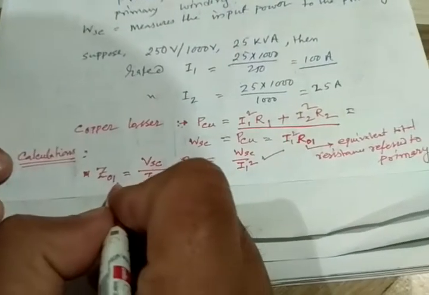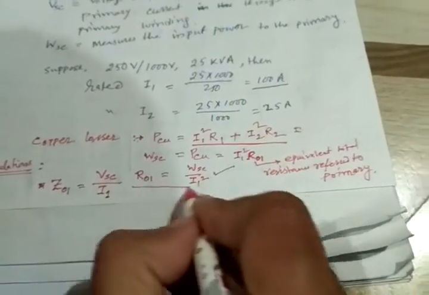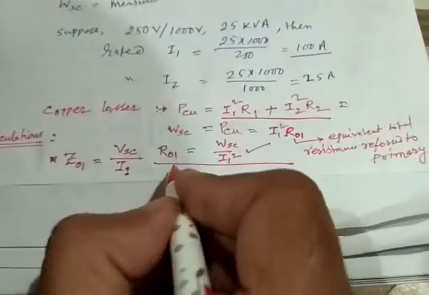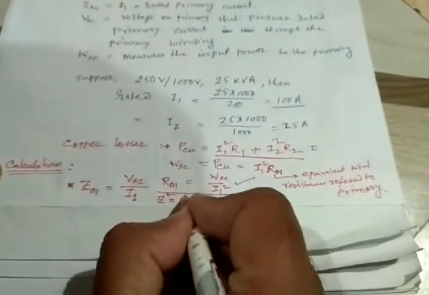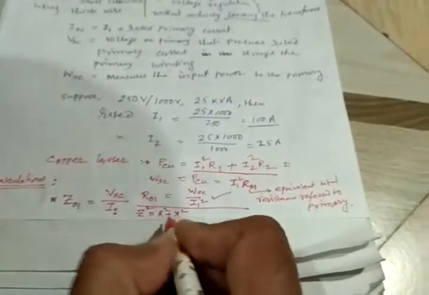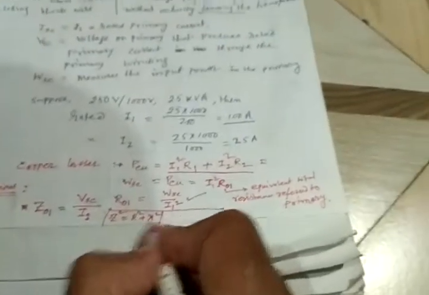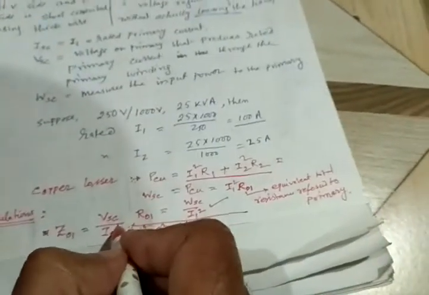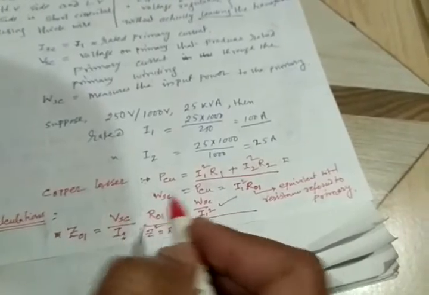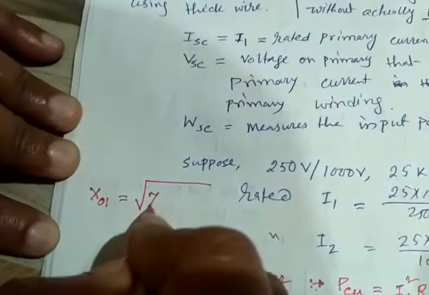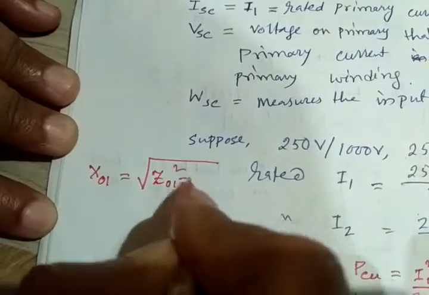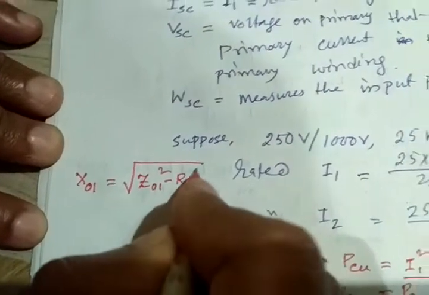So we get Z01. Again, we know another relationship between the impedance, that Z square is equal to R square plus X square. From this formula, we can find the X01, that is the leakage reactance referred to the primary. So X01 will be the square root of Z01 square minus R01 square.